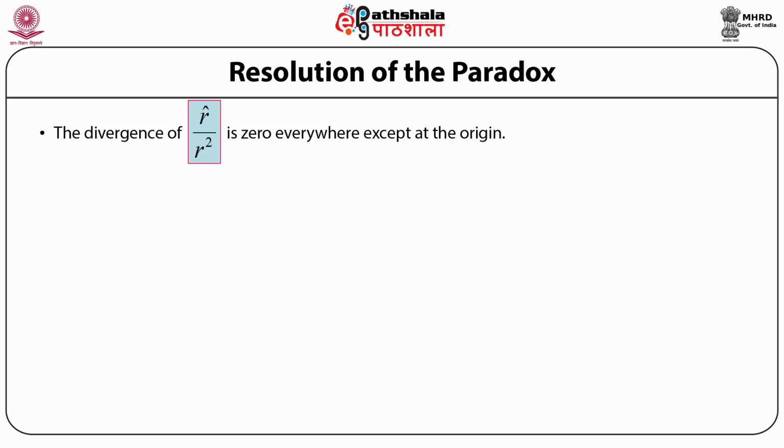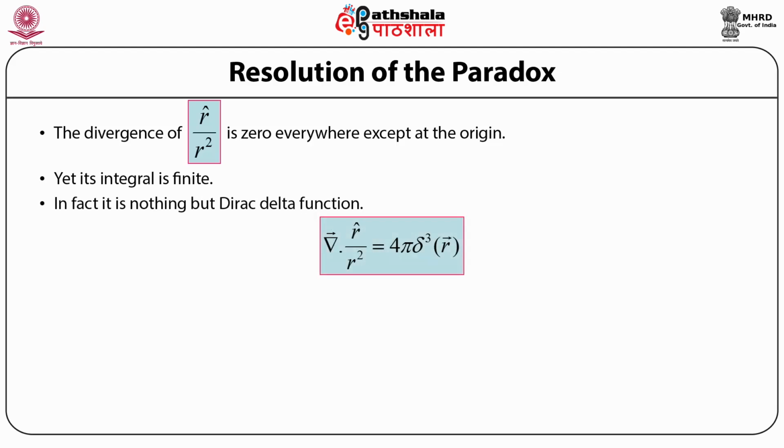However, when we evaluated the integral of this divergence, that is, we used the Gauss's divergence theorem for this function a, we found that the integral turns out to be finite. And it was this result that we used to define our Dirac-delta function.